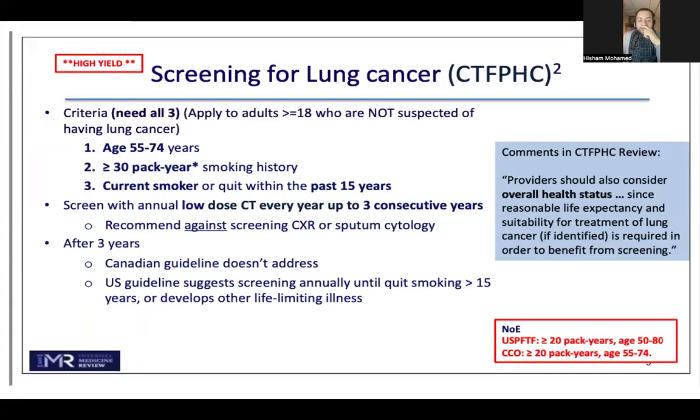More than 30 pack-years as smoking history. And current smoker or quit within the past 15 years. The screening method is low dose CT every year. Don't use chest X-ray or sputum cytology.